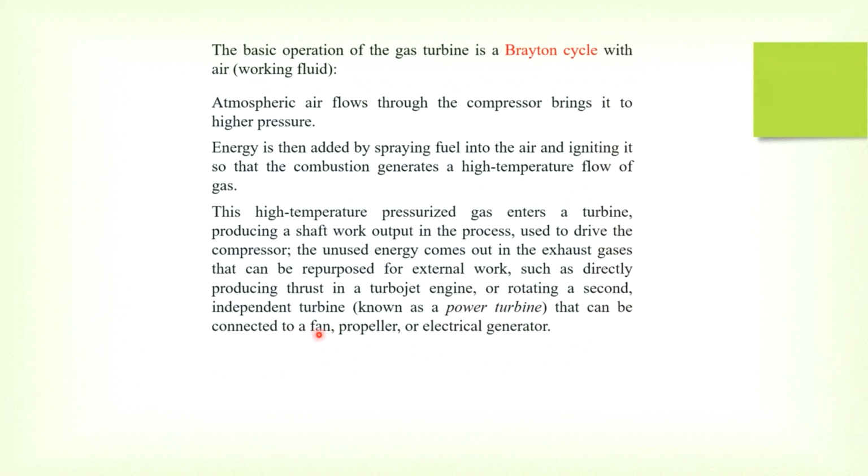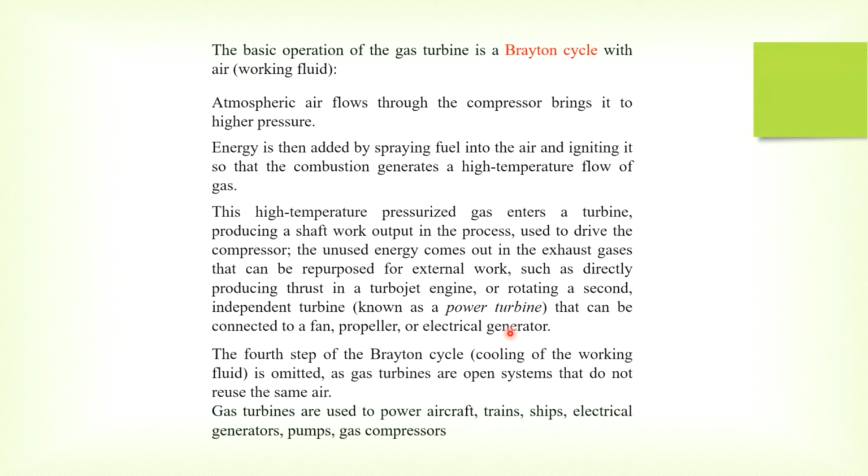That can be connected to a fan, propeller, or electrical generator. So basically, we will be looking into the analysis or the calculation part of the gas turbine cycle in the next slides. The fourth step of a Brayton cycle, that is cooling of the working fluid, is omitted.